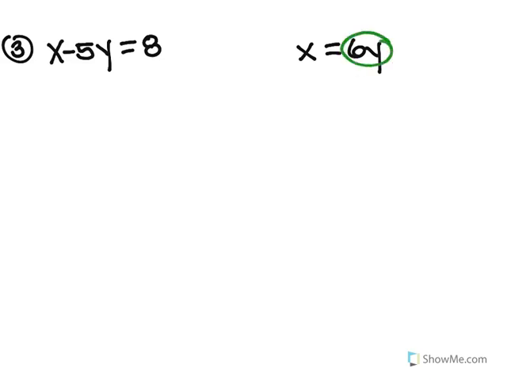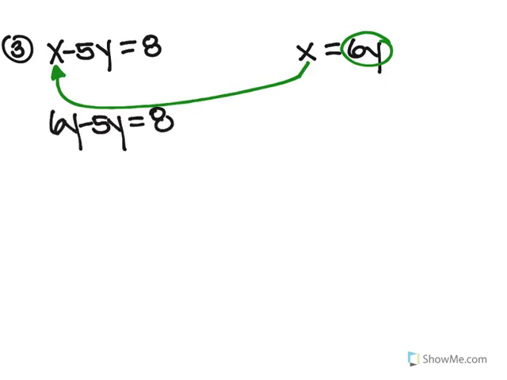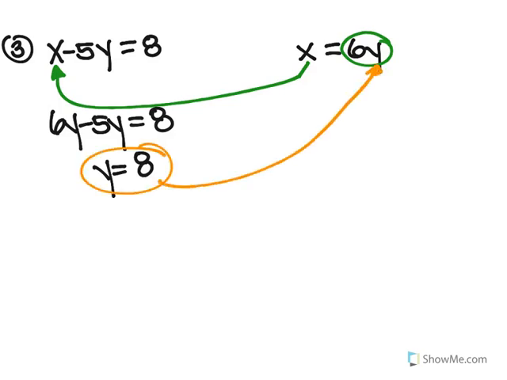plug in, sub in. I'm going to take 6y and plug it in for x in the first equation. So we have 6y minus 5y equals 8. So y is just 8. And then you're going to take 8 and plug it in for y in the second.